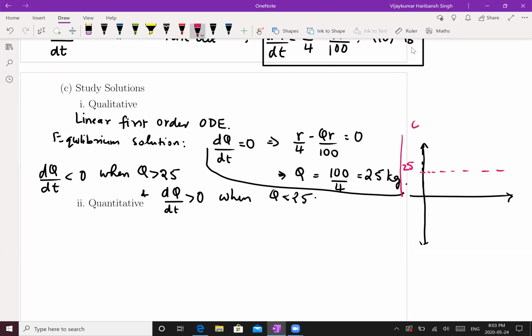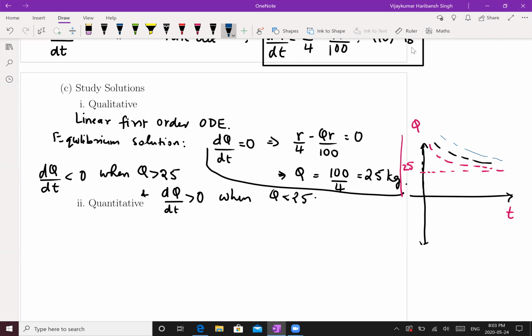So this is your Q, which is the quantity of salt in the system. This is your time t. Now you see that when Q is greater than 25, dQ by dt is less than 0, so the direction field will look like that. Draw a few different solutions with different color pens.